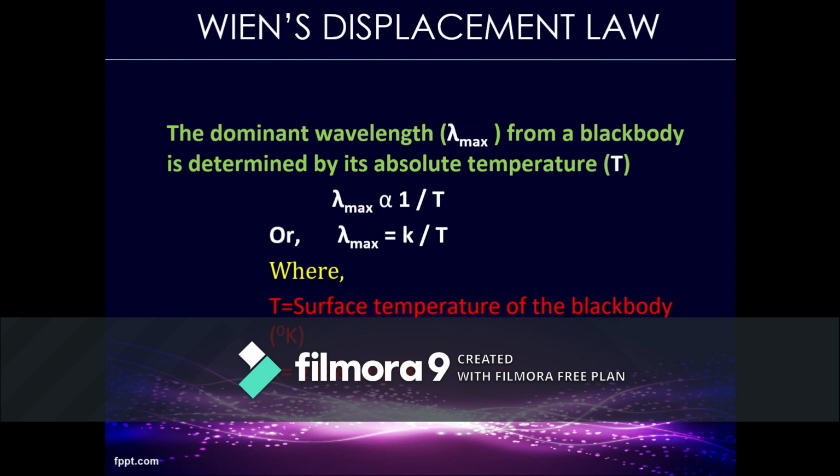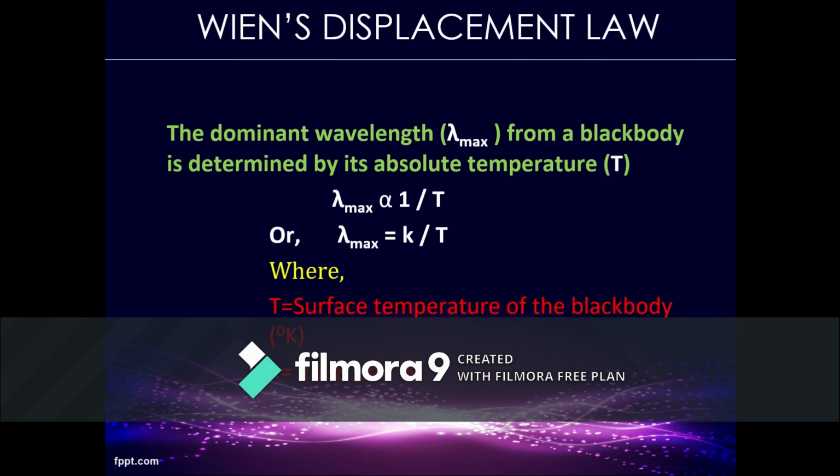For the total amount of energy exiting a theoretical black body such as the sun, we can determine its dominant wavelength based on Wien's displacement law that is given in this equation on this slide.